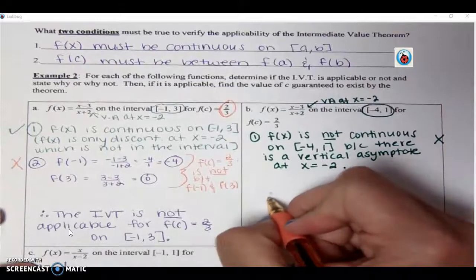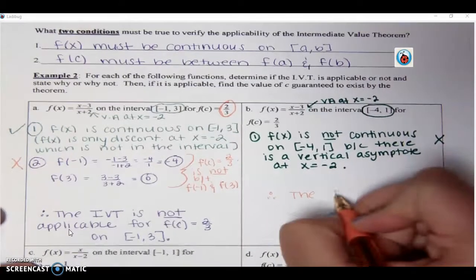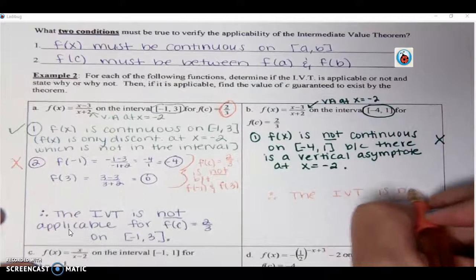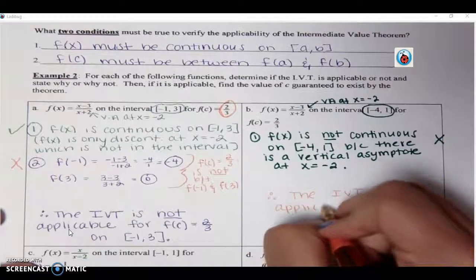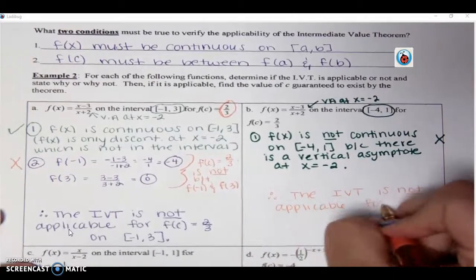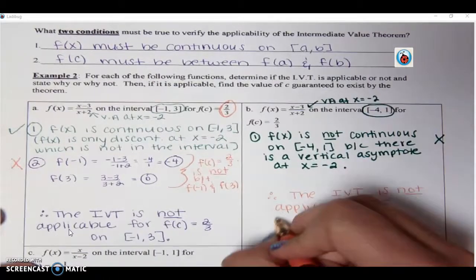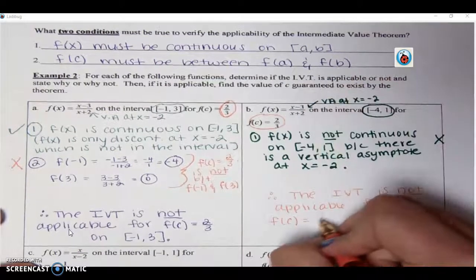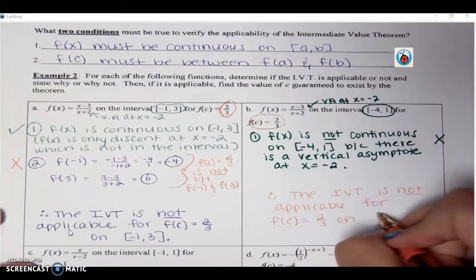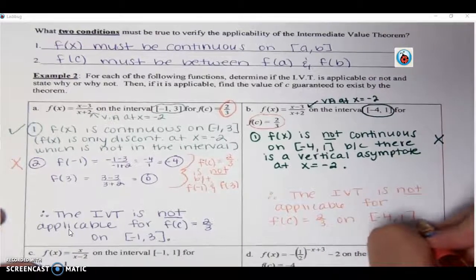So we would say, therefore, the IVT is not applicable for f of c equals 2/3, which we hadn't even gotten to that part, but f of c equals 2/3 on our interval from -4 to 1.